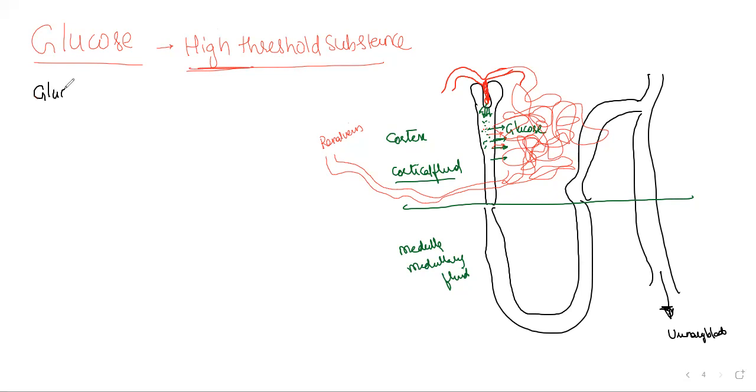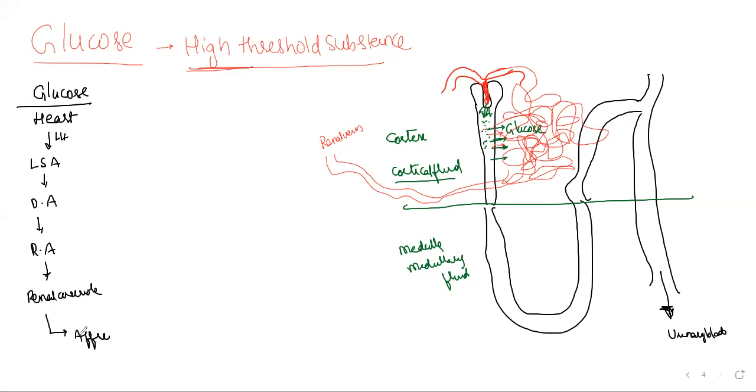Glucose. Actually, where does the story start? I start in the heart, the left ventricle. Chalo, help me. Left systemic aorta, then dorsal aorta, then renal artery, then renal arteriole, then afferent arteriole. What happened? Glomerulus.